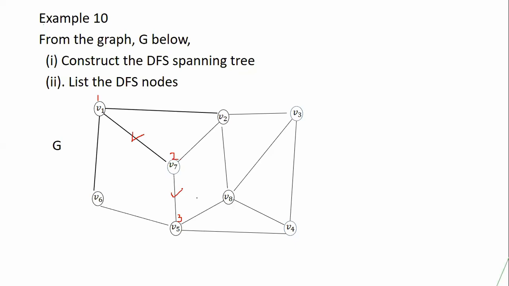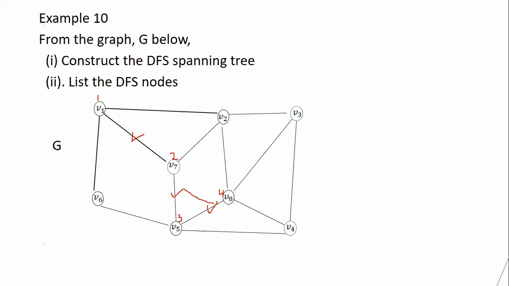Then at V5, you have V6 and V8. You can pick any one of them. Now let's pick V8. So we have V8, let's name it 4. Then we take the edge V5, V8 as used.